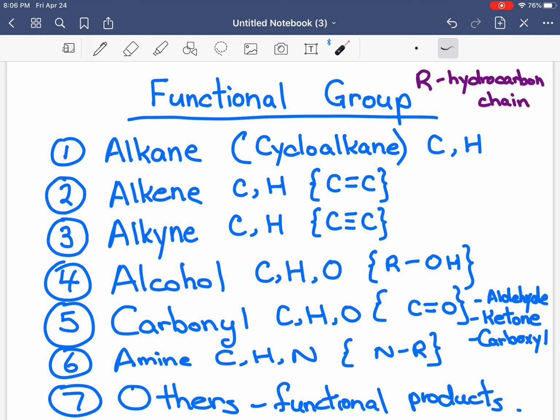So, for now, we'll look at alkane and alkyne for this week, and then we'll worry about the rest in the following week. Okay, let's take it slow because, as I said, once you're lost, my goodness, it's going to be a long time for you to get yourself caught up. All right, let's start.